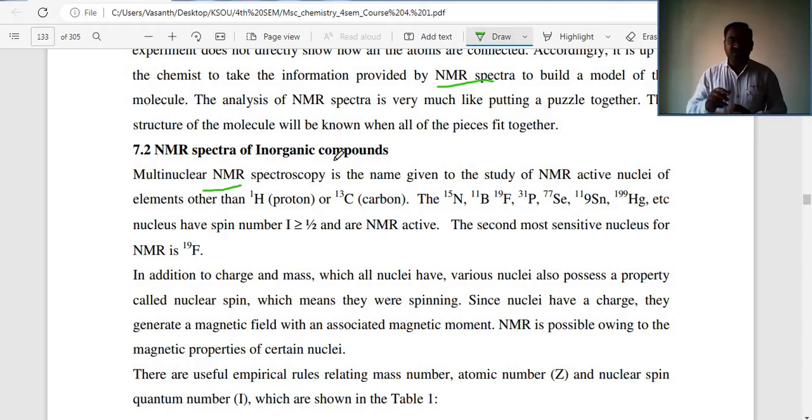The second most sensitive nucleus for NMR is fluorine 19.